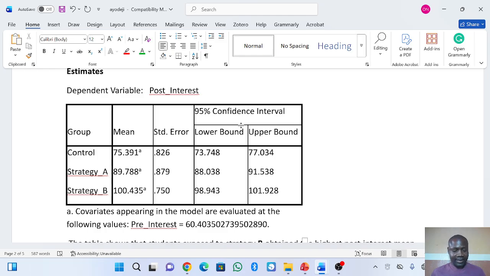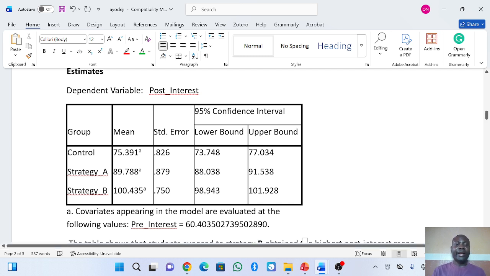It's actually a real difference across the 3 groups. As a result of that, we will now go to check the magnitude of the mean values.